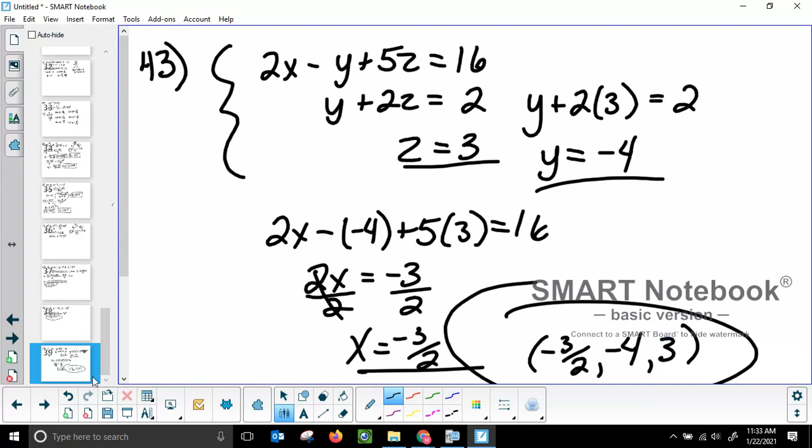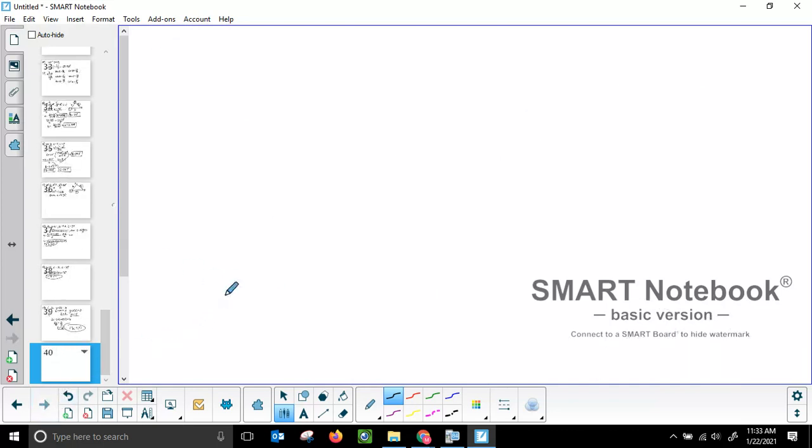All right. 44. Use matrices and Gaussian elimination to solve the following system of equations. All right, so I'm just going to go ahead and jump straight to putting this in a matrix instead of writing down the equations.